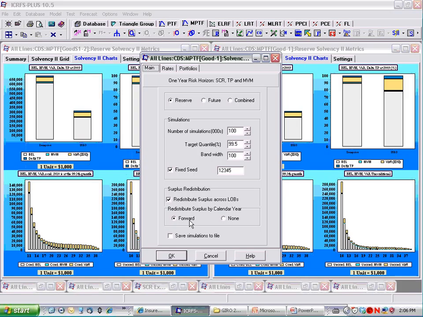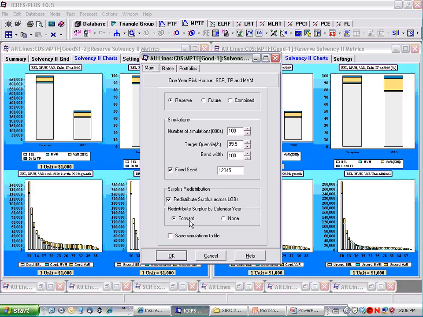In the second year and so on, remember, Solvency II is always analyzed under the condition that the first year is in distress. When you look at the second year and so on, you can start accumulating surpluses by calendar year.